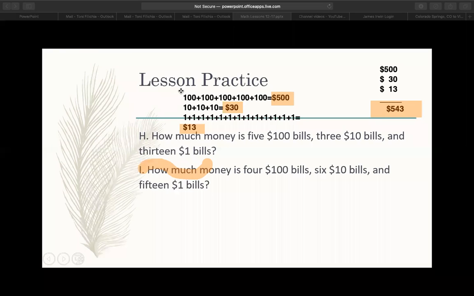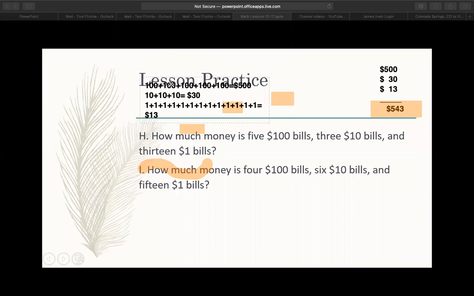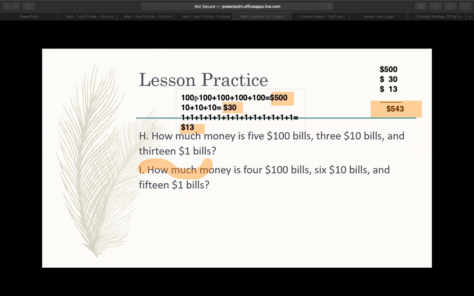And number I. How much money is 4 $100 bills, 6 $10 bills, and 15 $1 bills? First, 4 $100 bills. 100 plus 100, 4 times equals how many? 400.